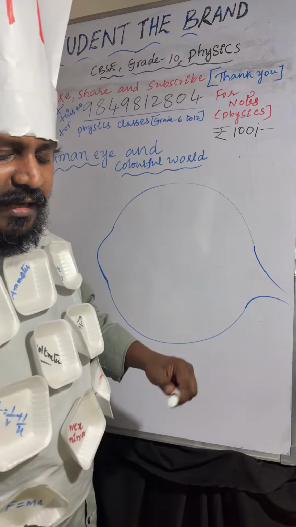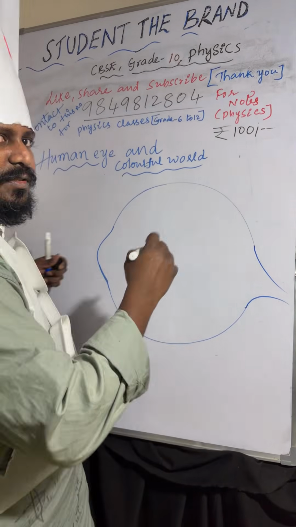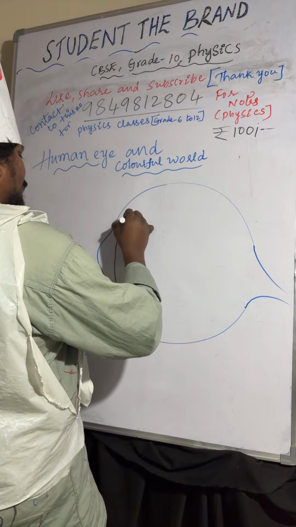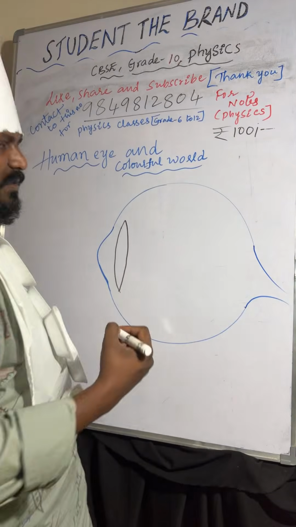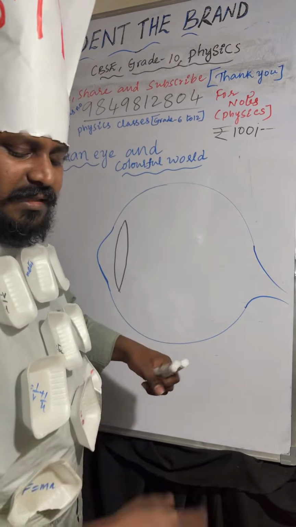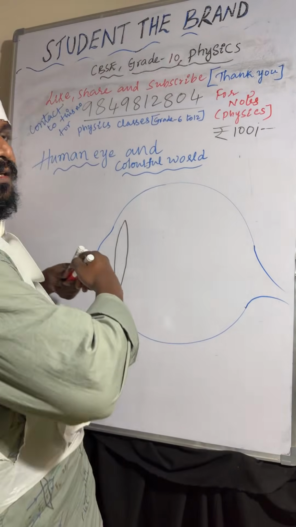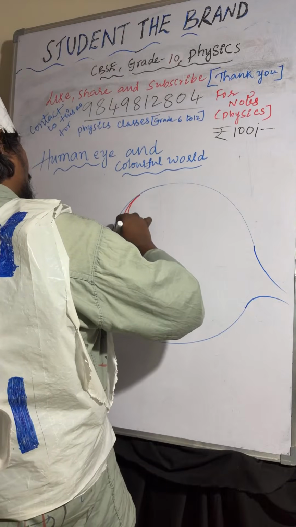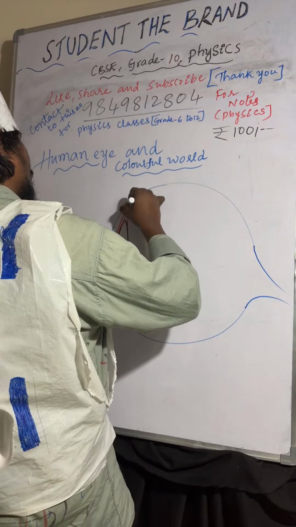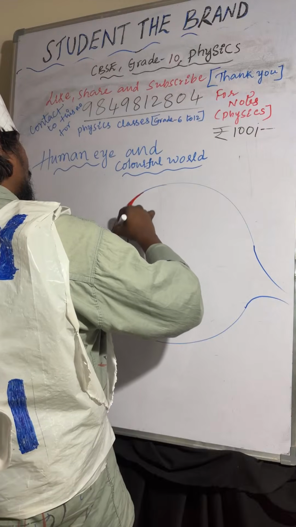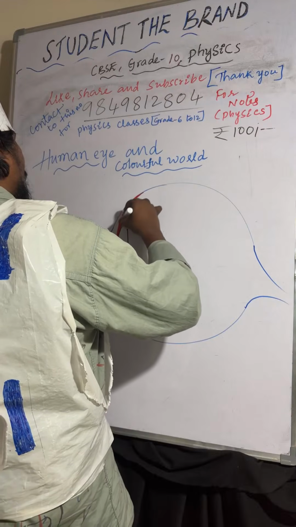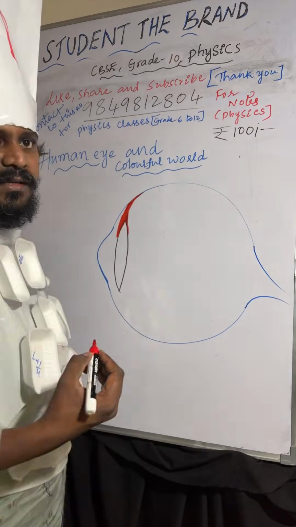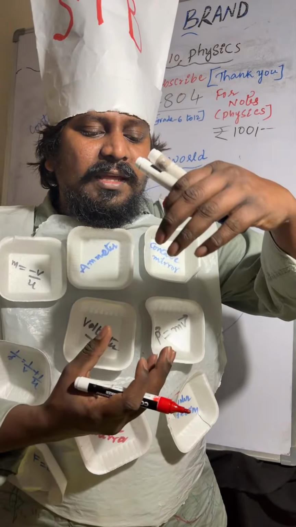Now you have to place the eye lens. What is this lens? A convex lens. You can place the convex lens over here. After that, you can add the ciliary muscles. These are the ciliary muscles, which hold the lens.